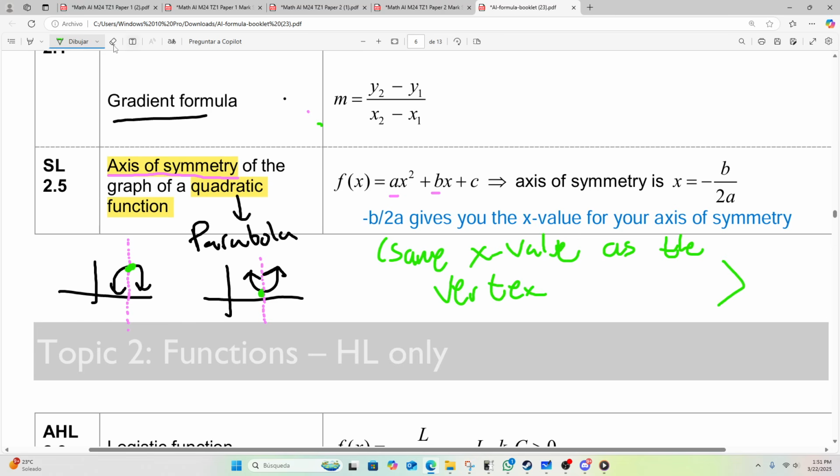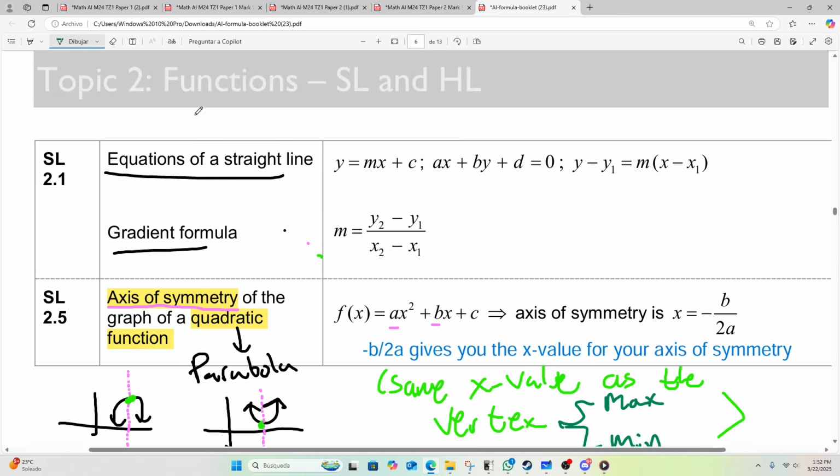And let's remember that the vertex is the same as the maximum value or the minimum value. The vertex is always the optimal point, so maximum or minimum. So if you ever need to find the vertex, the max or the min, you can consider using the axis of symmetry formula. That's the kind of stuff we need to be quick on.